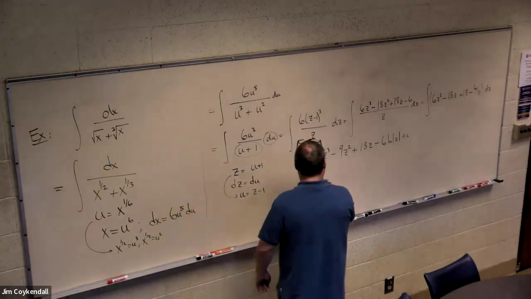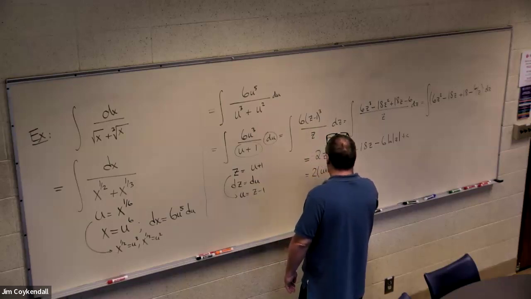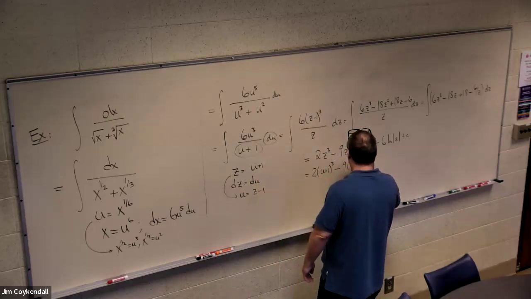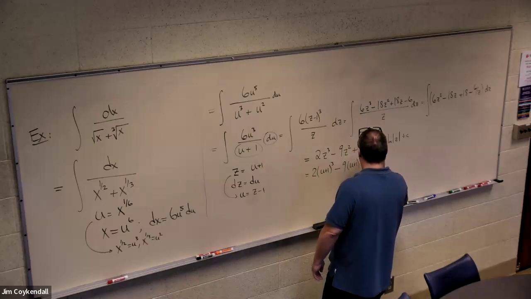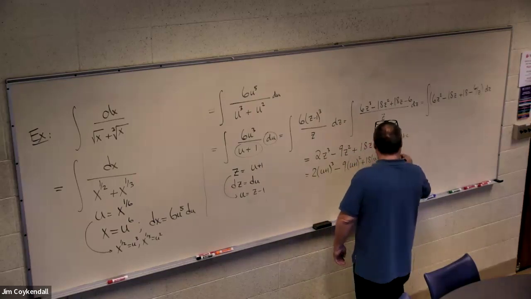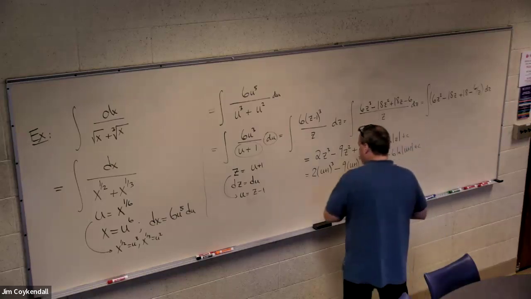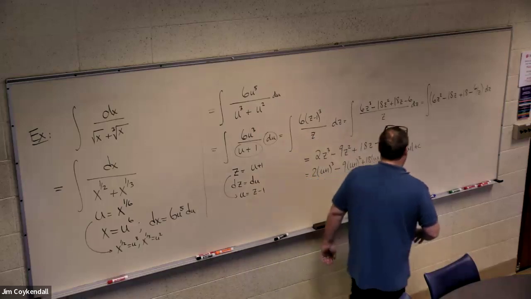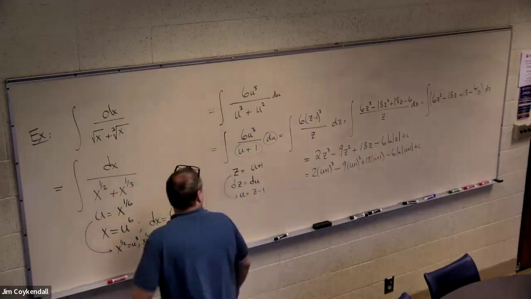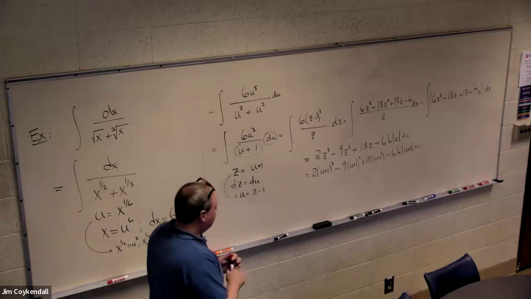Now, go back into the variables. Everywhere you have z, it's u plus 1. And for the last bit of glory on top of this, you've got to go all the way back to x. What was u? It was x to the 1/6 power.